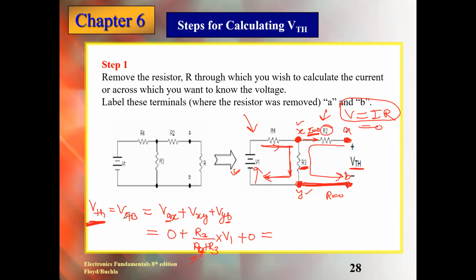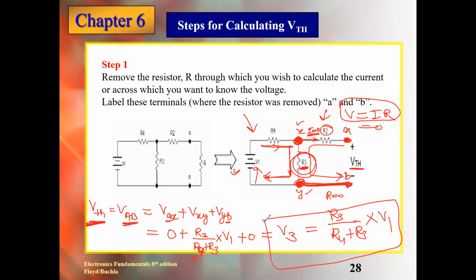VTH is basically VAB, or what is that one? VAX, meaning it is V3. Are you getting it? Which is basically R3 over R4 plus R3 multiplied by V1. This is the way we can calculate the Thevenin voltage. This is called VTH.